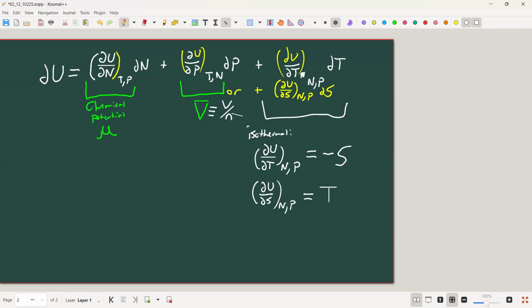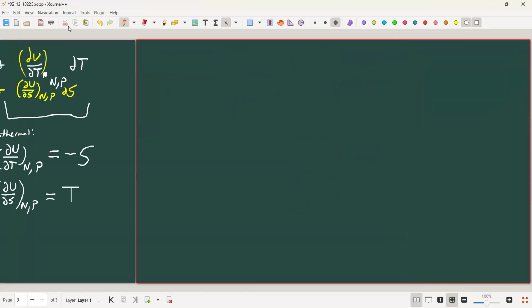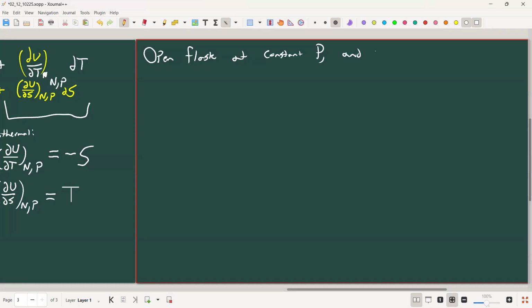I just want to think about the heat content of the system that isn't being used for pressure volume. That allows us to define a new function. So we have an open flask at constant P. And we can write a new energy function.